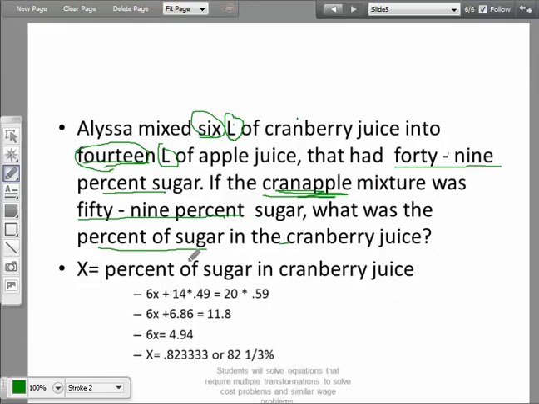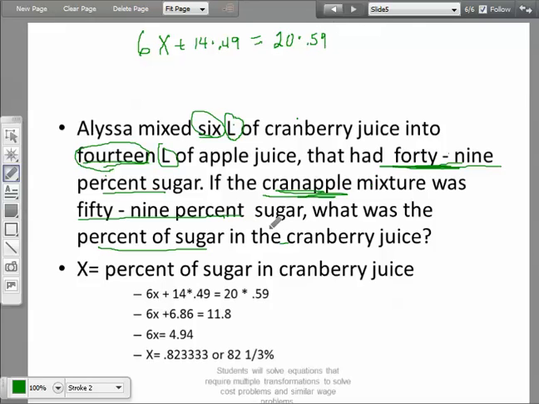Well, this is simple. I'm going to do 6, and x is going to be that percentage. We don't know what percentage it is. Plus 14 times 0.49. Where'd that come from? The 49 was right here. 49% sugar. And when I add those together, 6 and 14 is going to give me 20 times 0.59.